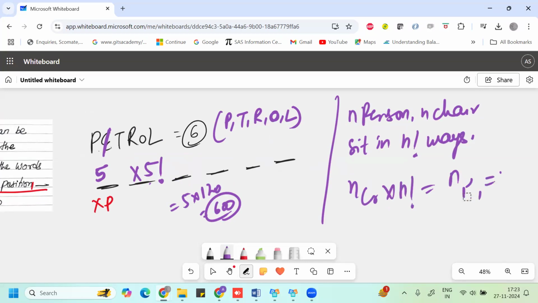So n persons are there, n chairs are there. In how many ways can you choose n persons? I'll choose in one way only, and that is equal to n factorial ways. Clear, everyone?